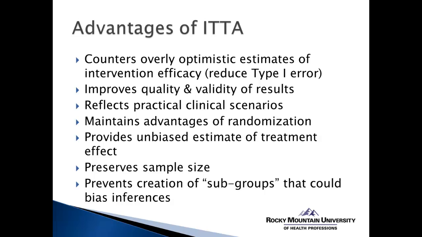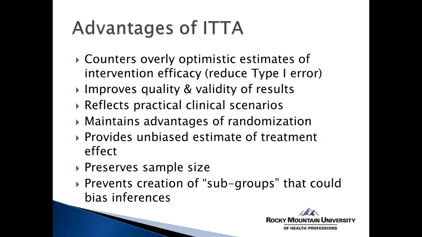But if we include them in intention to treat analysis, we can see the fact that there are some subjects that did not respond well. Now, intention to treat analysis also preserves the sample size because if non-compliant subjects and dropouts are excluded from the final analysis, it might significantly reduce our sample size, and that leads to reduced statistical power.